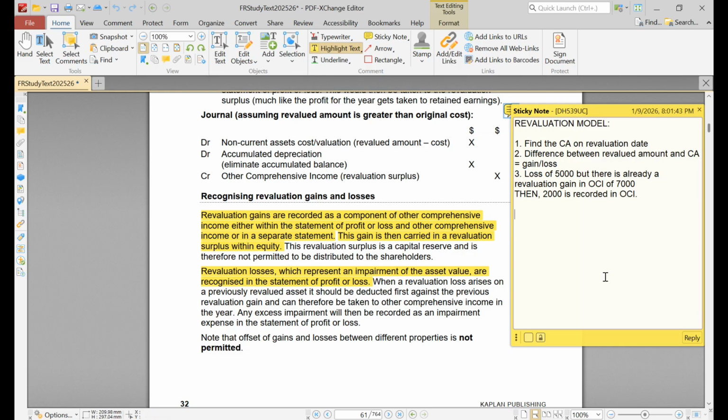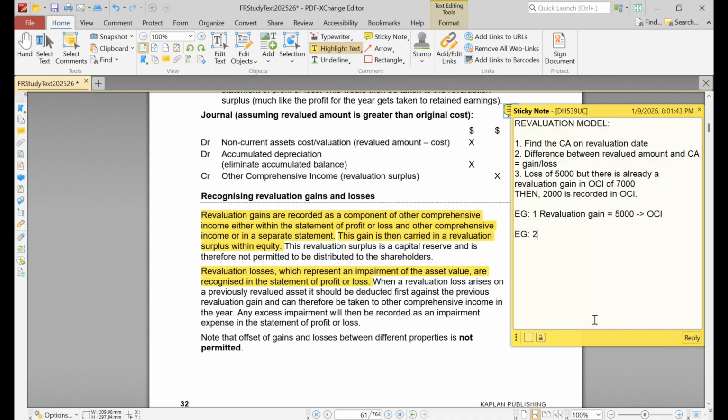In short, if I simplify this, in example 1, there is a revaluation gain of $5,000. Simple revaluation gain. You will record this in OCI, other comprehensive income.